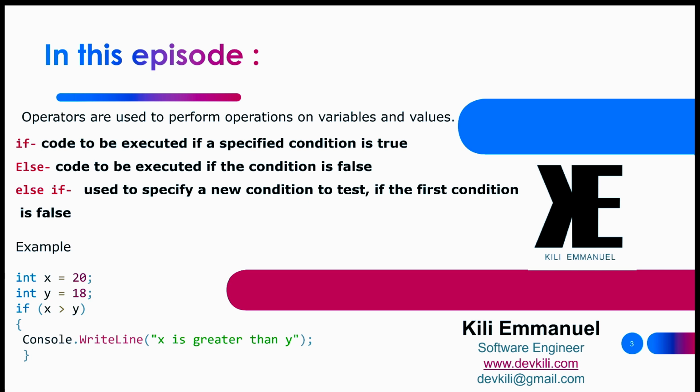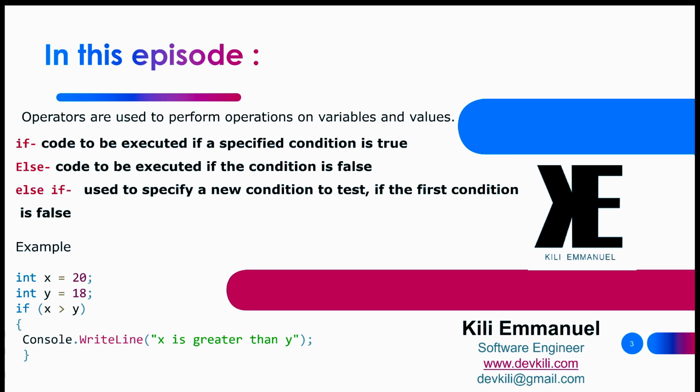We have an example here for a simple if statement. We have integer x and we've initialized it with 20. We also have another one that is y and we gave it 18. So we'll use if to check the condition. If x is greater than y, then this statement will be executed.